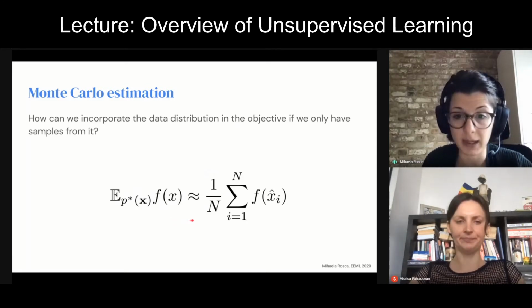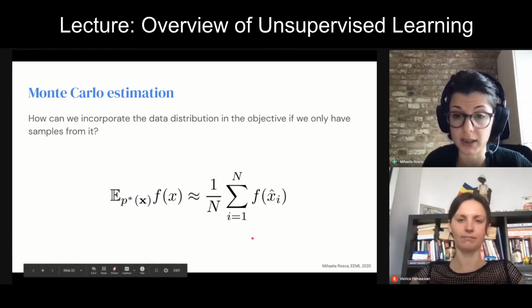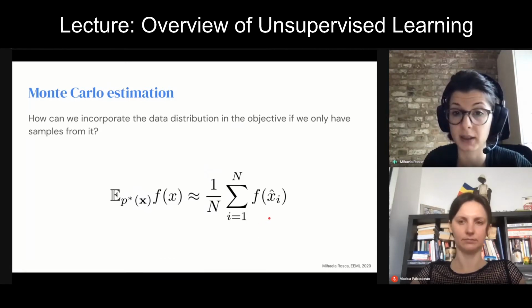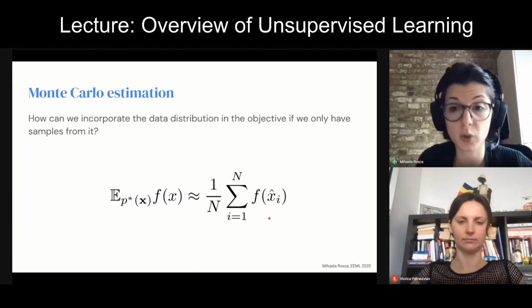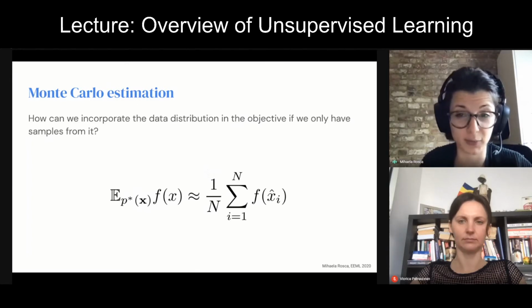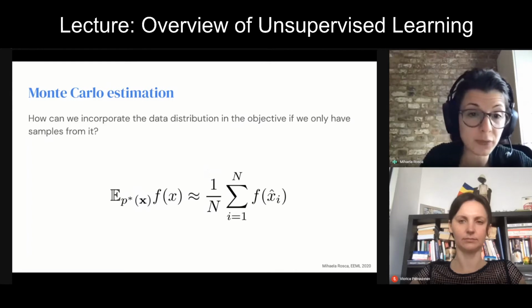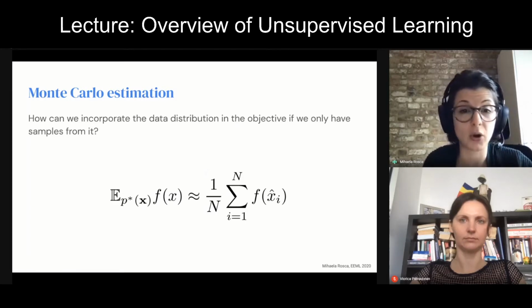And we estimate that using the Monte Carlo estimate, which is the empirical mean of the function evaluated at samples from the true distribution, which is great because we have samples from the true distribution. This is our data. So if you depend on your data distribution through samples, we're good. If you depend on it somehow else, then you might be in trouble. And we're going to see some example of that in a bit.